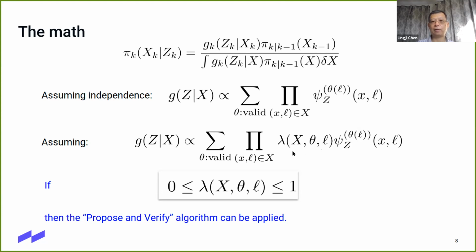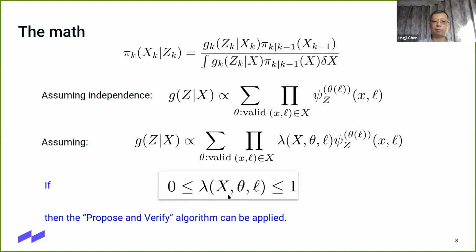We can add a term lambda, a factor that depends not only on just one track, but on all the tracks. Still, we want the factored form. This enables us to do track update easily, but we can have this lambda term.